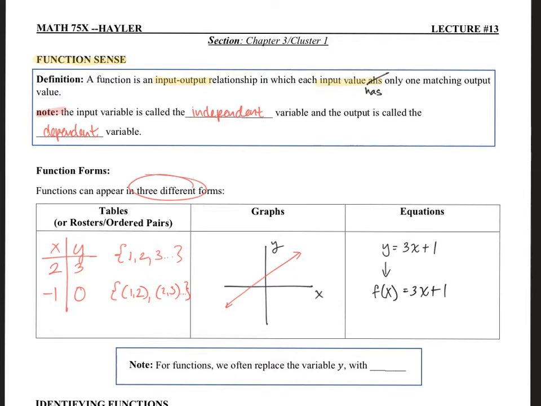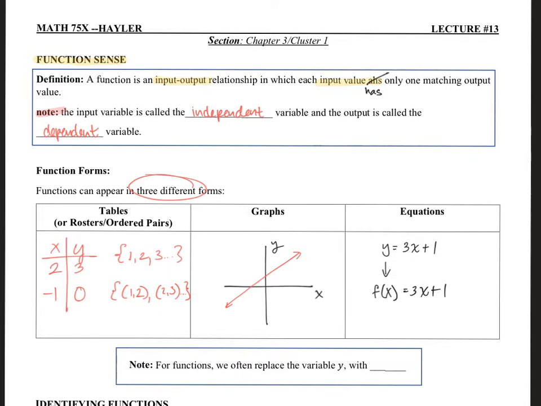So when you see f of x equals 3x plus 1, because I see this notation called f of x, I'm allowed to assume this equation is a function. If we were just given this top one here, I couldn't assume it's a function. I'd have to spend time testing this to see if it's a function. So to be nice and to not have somebody waste their time testing things, you would write f of x to indicate that this is indeed a function.